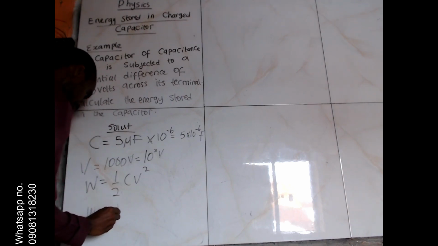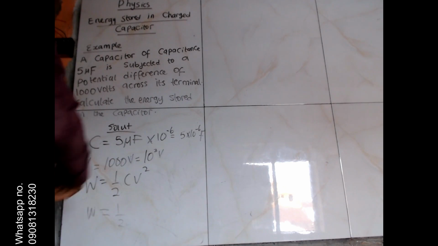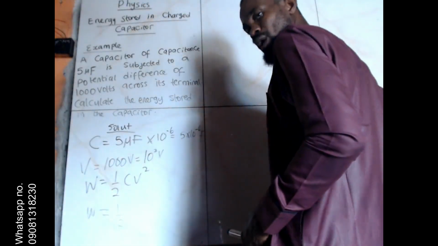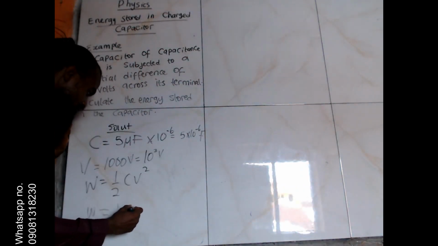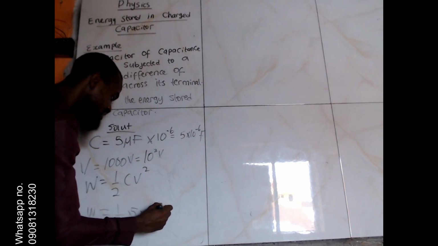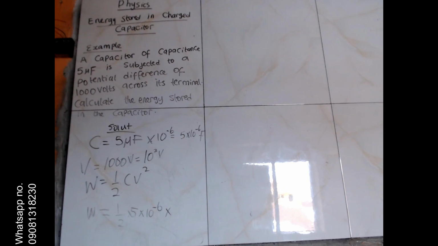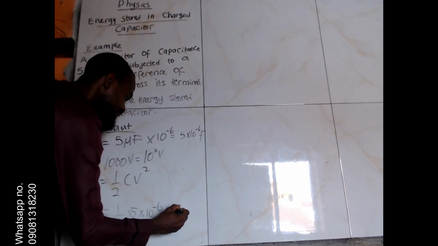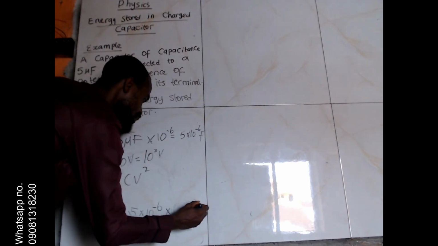W is now equal to 1 over 2 times our capacitance, 5 times 10 raised to the power minus 6, times V squared.